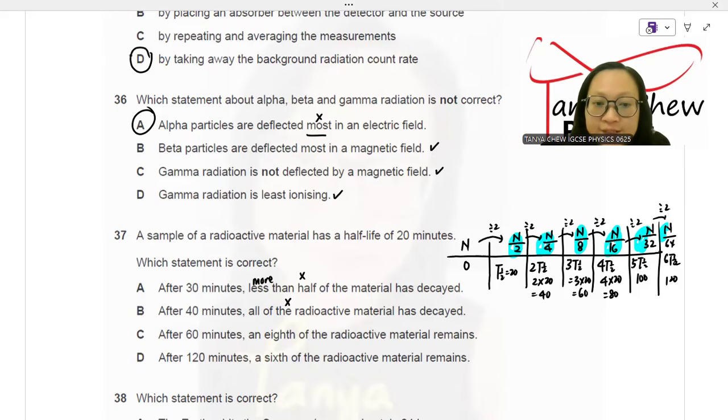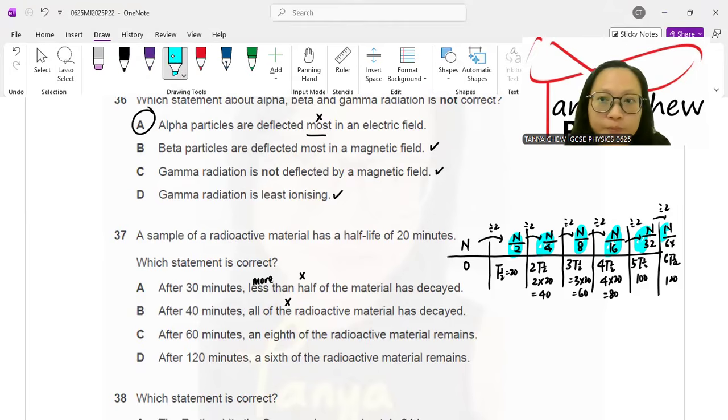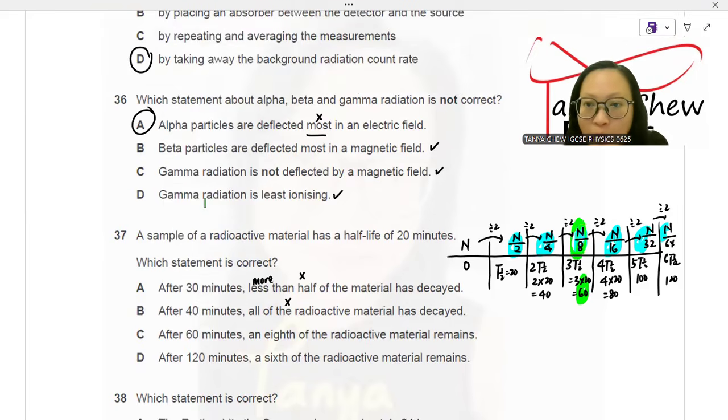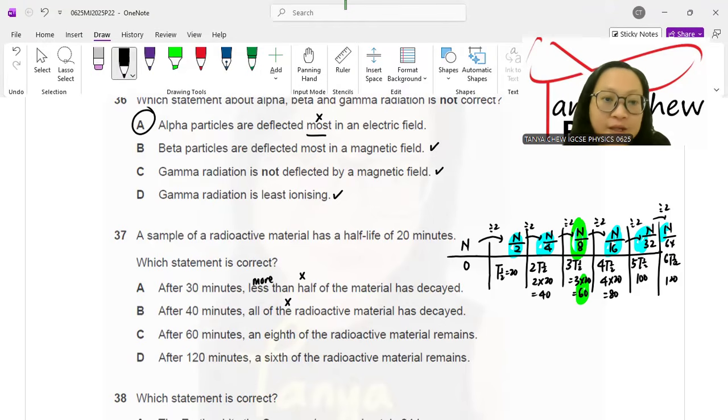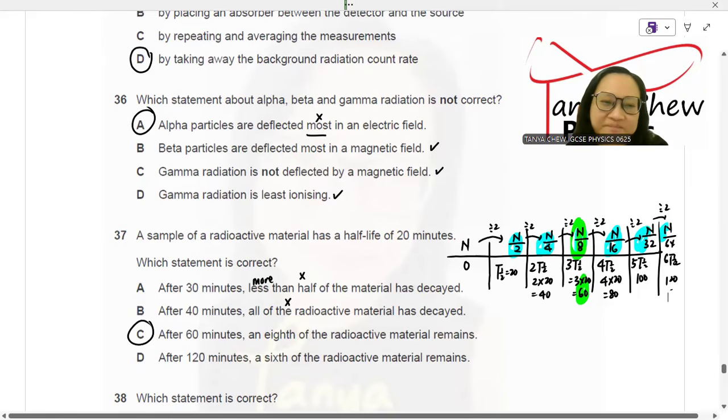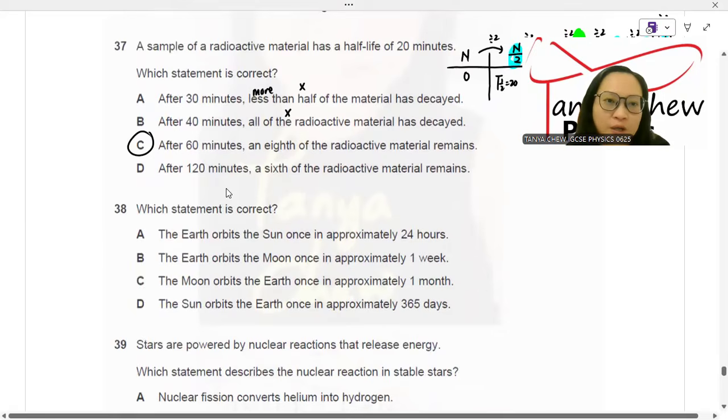After 60 minutes, 1/8 of the radioactive material remains. This is definitely correct. After 120 minutes, a sixth of the radioactive material remains? No, 1/64. So C is the answer.